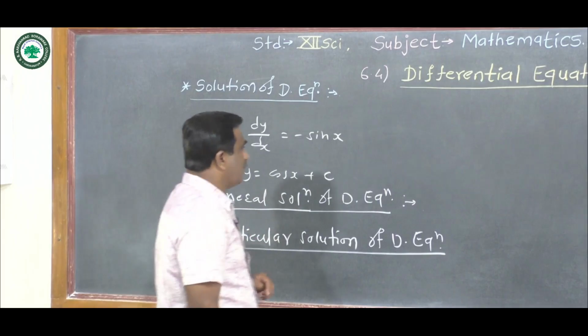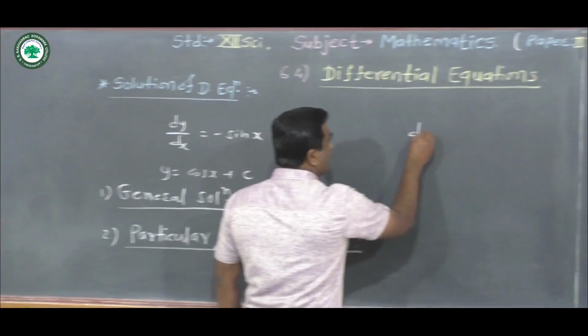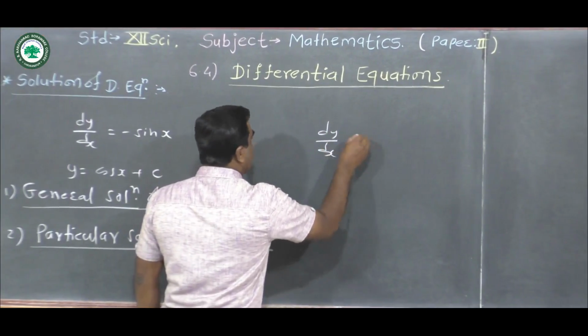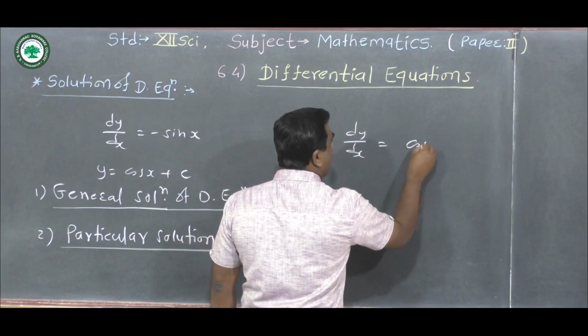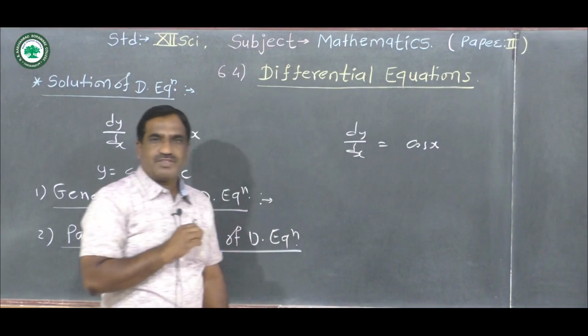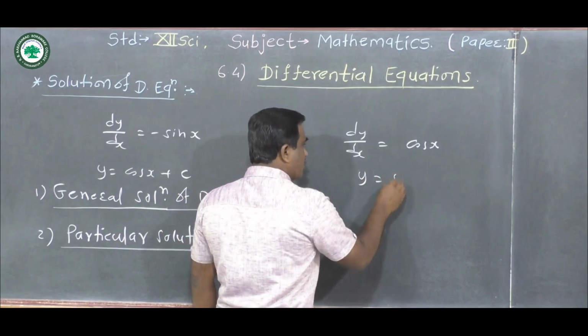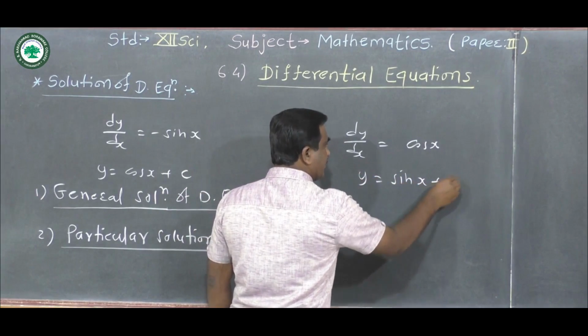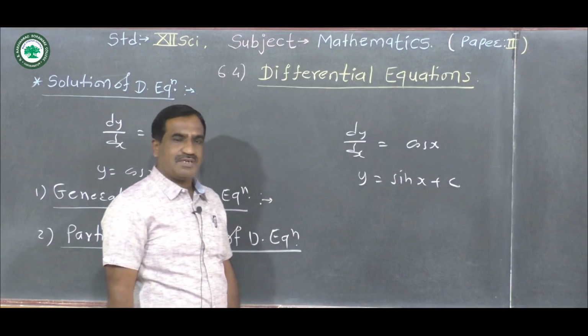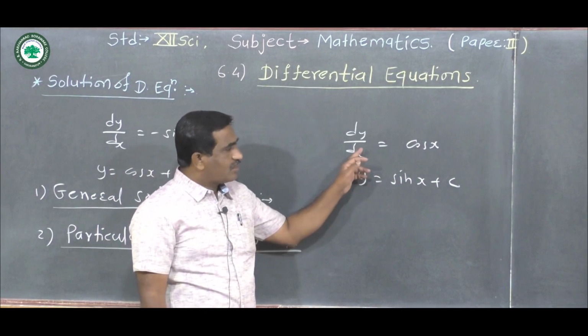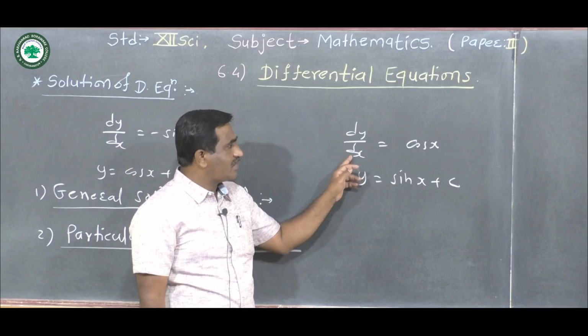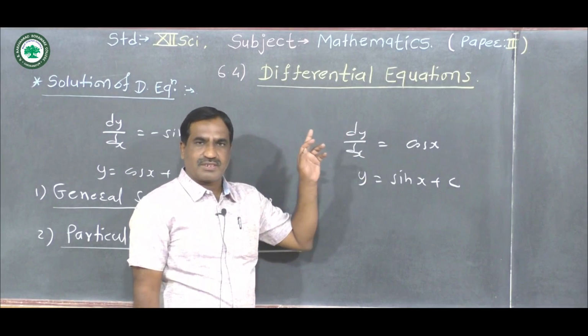For example, suppose dy by dx is equal to cos x is the differential equation and y equal to sin x plus c. This is the general solution of this differential equation dy by dx is equal to cos x.